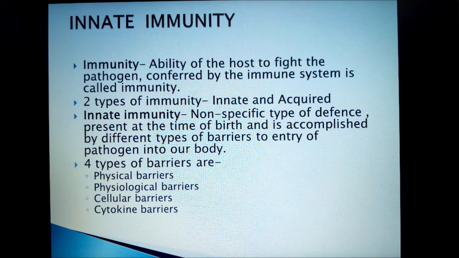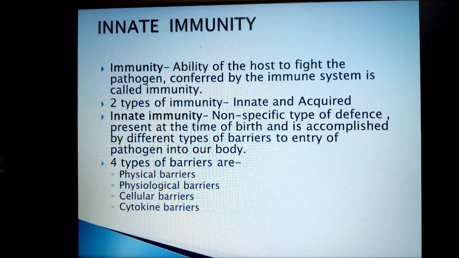It prevents entry of microorganisms into the body. Another one is the mucous coating of the epithelium lining of the respiratory, gastrointestinal and urinogenital tracts. These mucous linings help in trapping microorganisms entering our body. So these are physical barriers.